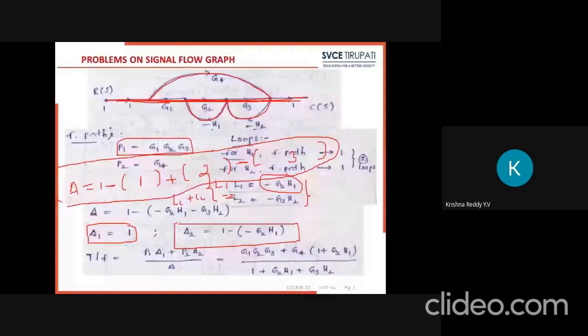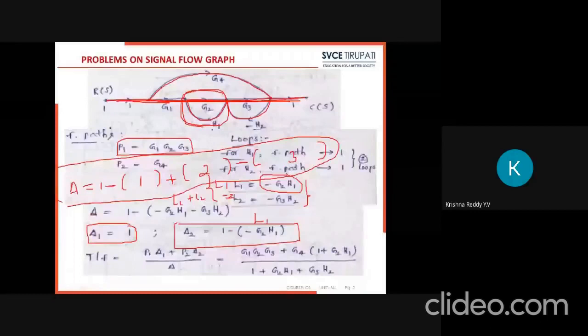Then delta 2 is equal to 1 minus L1, the loop that does not touch the second forward path. That is delta 2. Finally, the transfer function is equal to P1 delta 1 plus P2 delta 2 divided by delta.